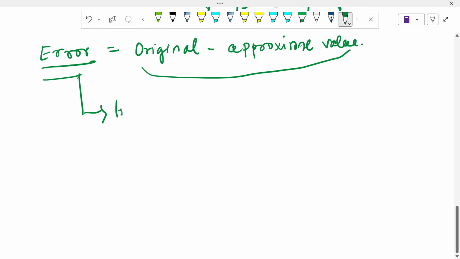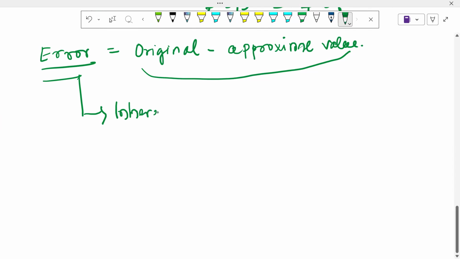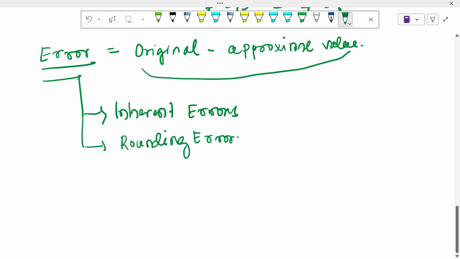Inherent errors. And in the second question you also have to discuss round off errors, rounding errors, and truncation error, and absolute, relative, and percentage error.